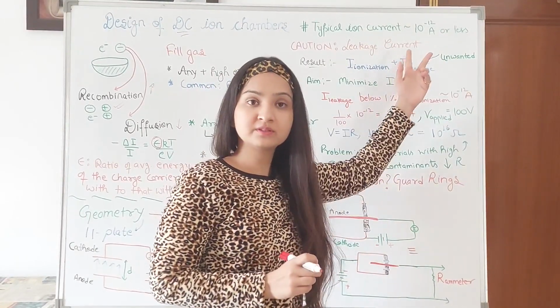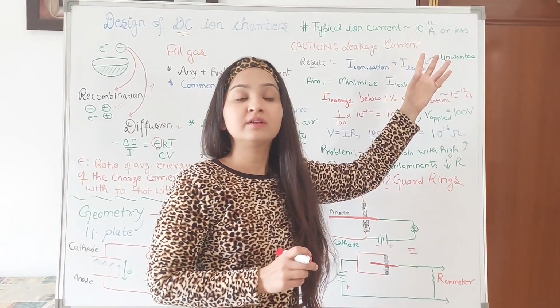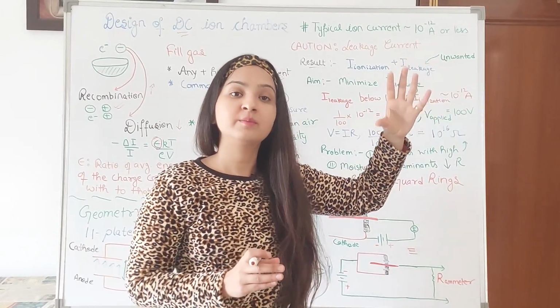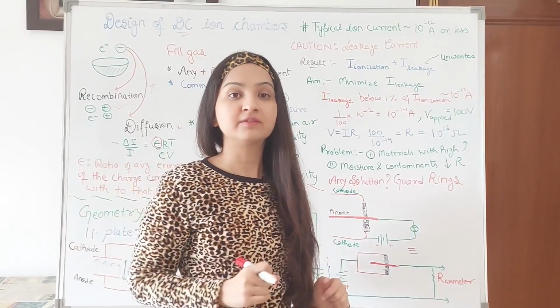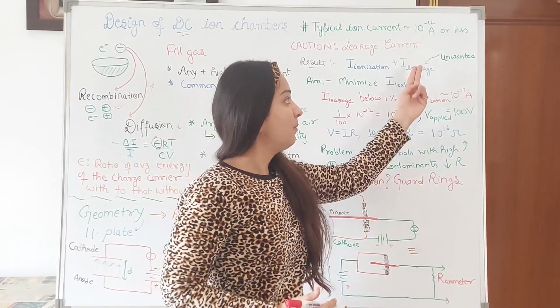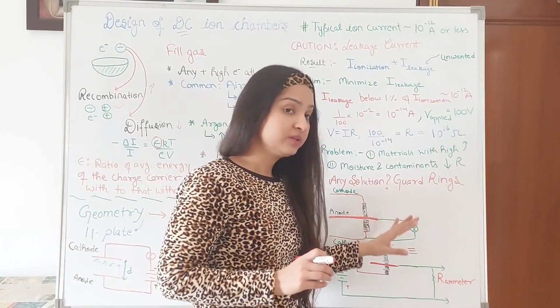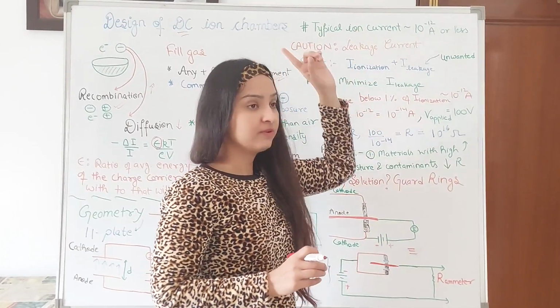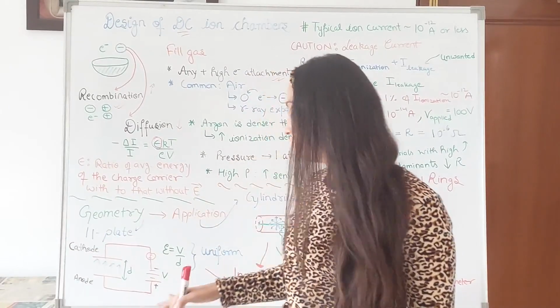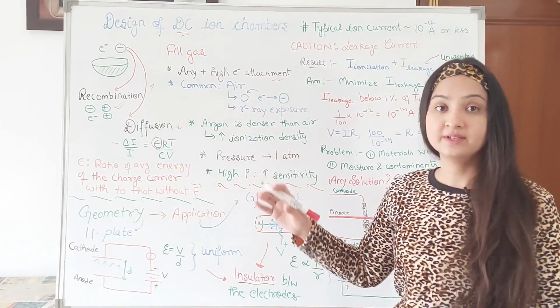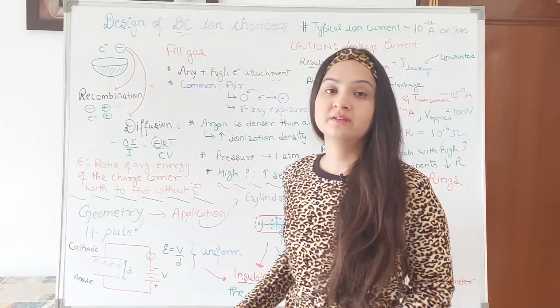If you want to measure this precisely, you cannot tolerate any additional current coming from any other place and adding on to it, so that the final result that you are getting is much greater than this. We do not want any other current except for this to be measured by this ammeter. But one thing is that you have already inserted insulator between the electrodes.